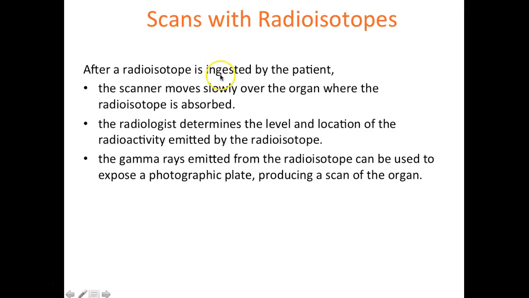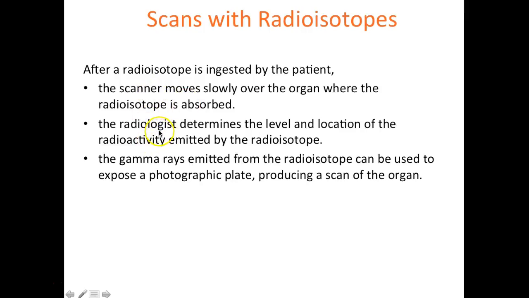After the radioisotope is ingested, the radiation starts getting emitted out of the body. The scanner moves over the organ that took up the radioisotope, from which the radiation is being emitted.